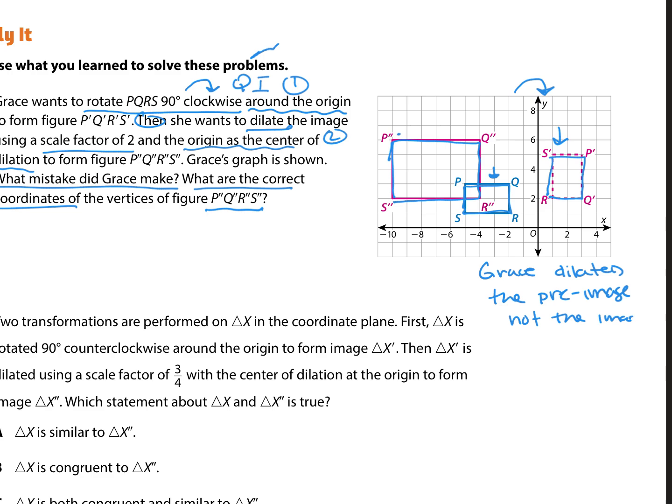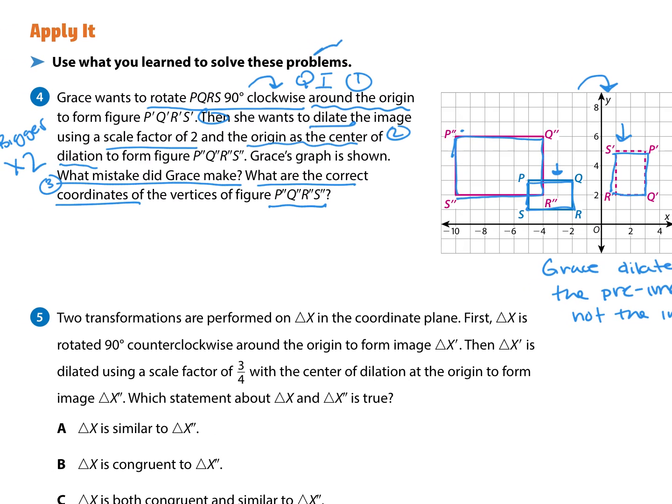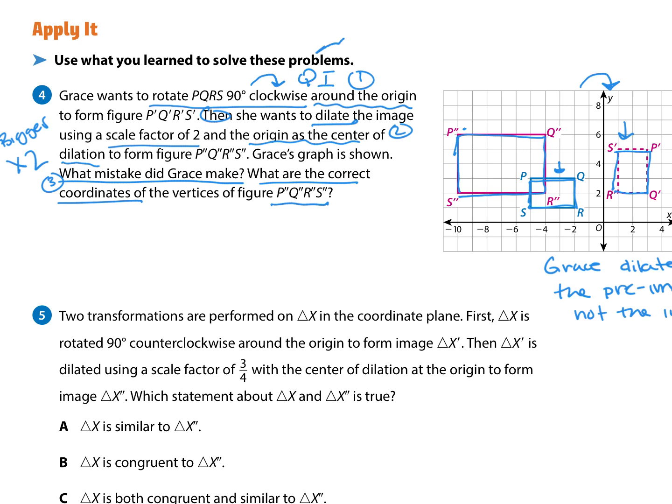So now they want to know, where should the dilation have been? So what we need to do is multiply this shape here. We need to multiply the coordinates times 2. So that means we need to write out these coordinates for the primes: P prime, Q prime, R prime, S prime. We need to figure out where those are. P prime is at 3, 5, it looks like.